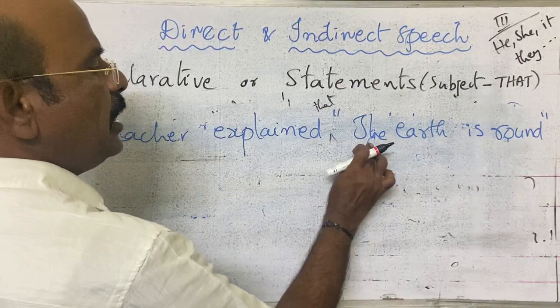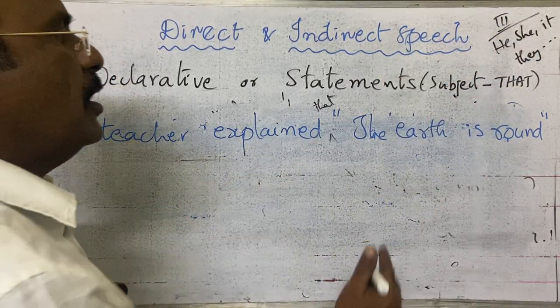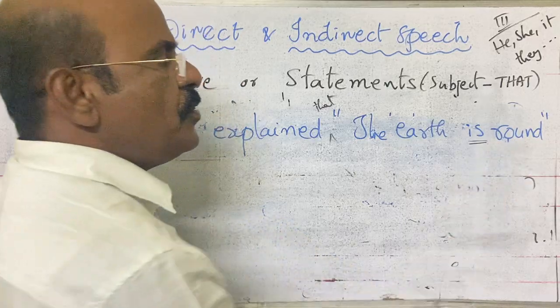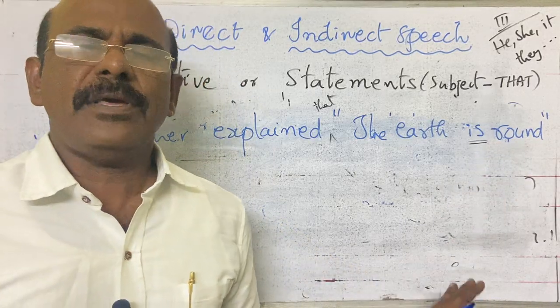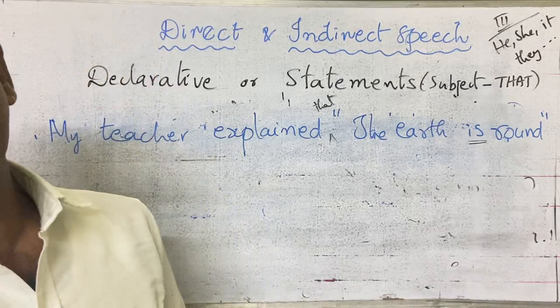The earth, it is third person. Names also come under third person. It's not changing. "Is": it is a universal truth. The earth has always been, up to now, round itself only, not changing its position.